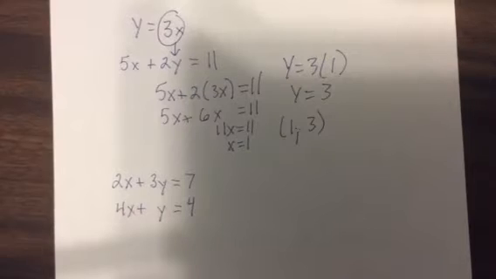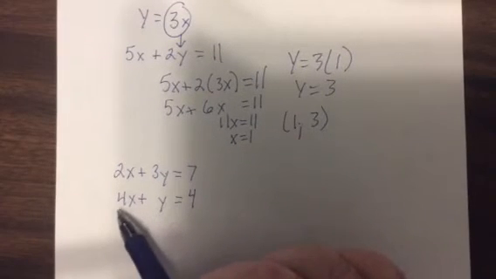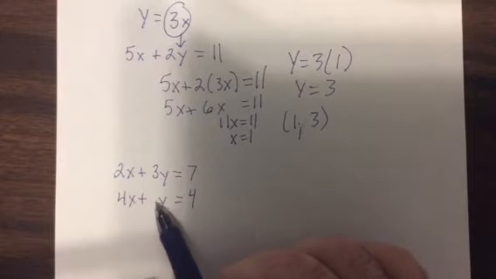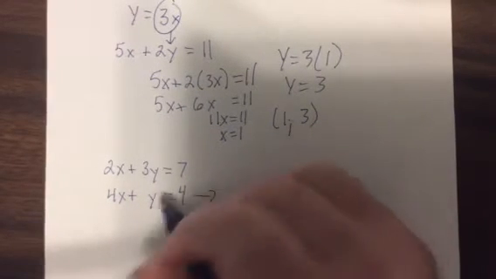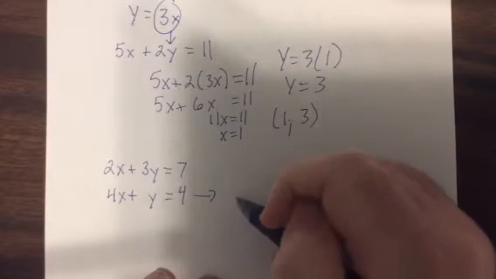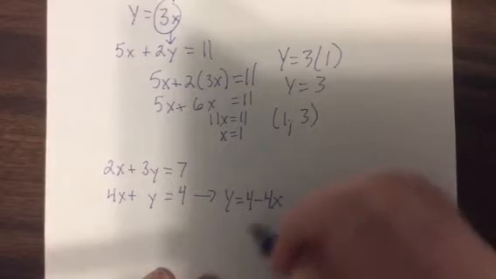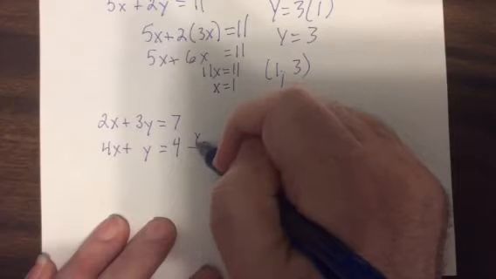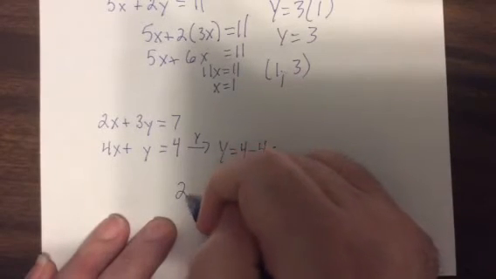Oh, let's look here. It would probably be best to solve for this y, since it's the only one with the 1 in front of it. So I'm going to subtract the 4x, so y equals 4 minus 4x. Then I'm going to put that into the other equation for y.